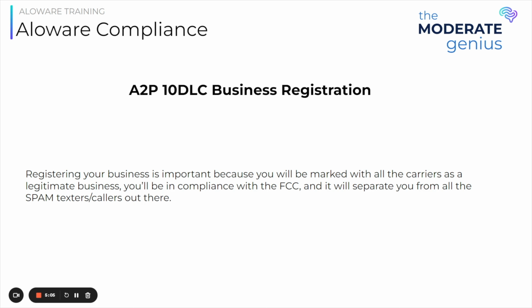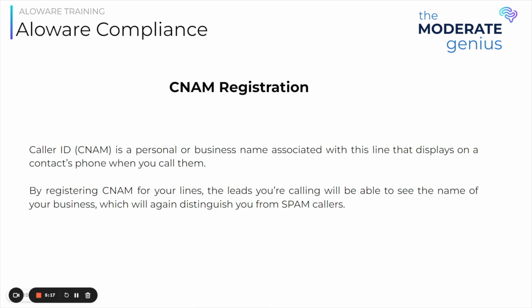Once you have your business registration approved, you can take the next step, and that will be the CNAM registration. CNAM, or caller ID, is a personal or business name associated with that line that displays on your lead's phone when you call them.